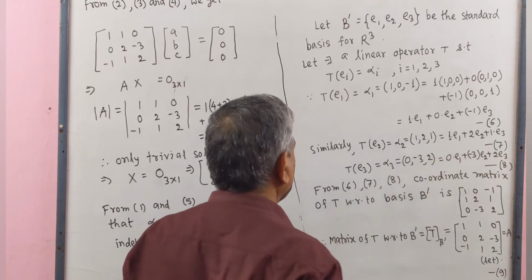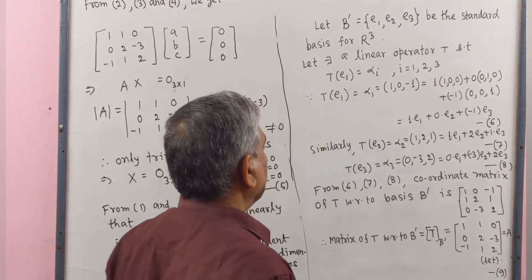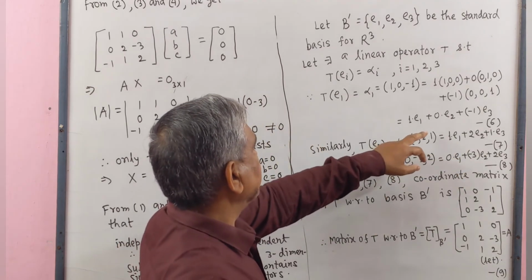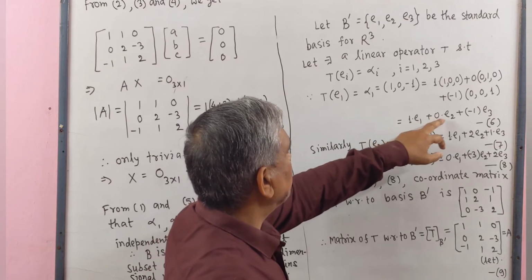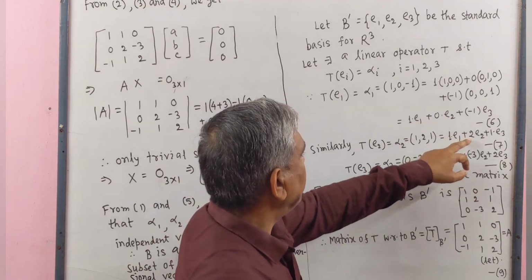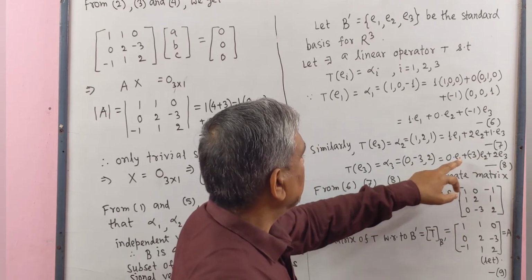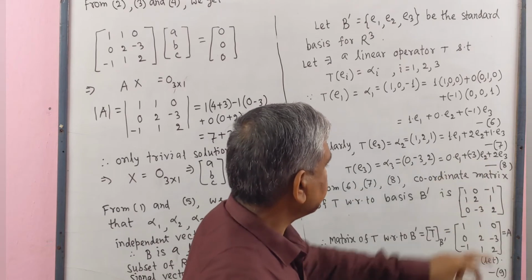This is number 8. From 6, 7 and 8, the coordinate matrix is 1, 0, minus 1 in the first row, in the second row 1, 2, 1, in the third row 0, -3, 2.